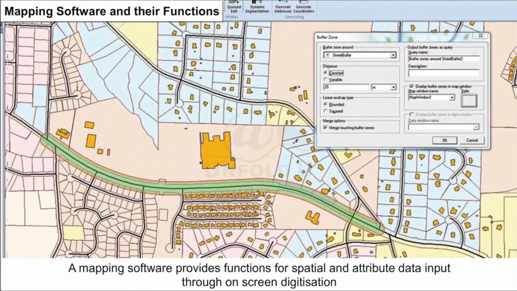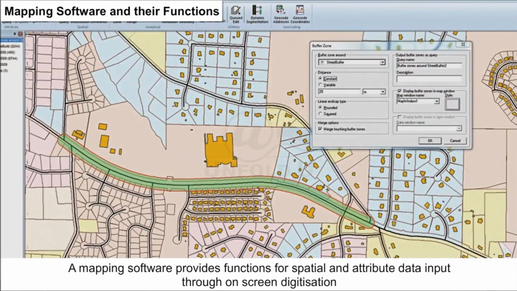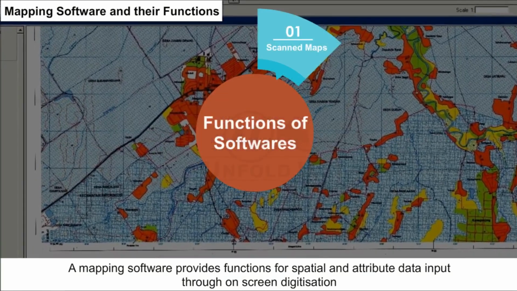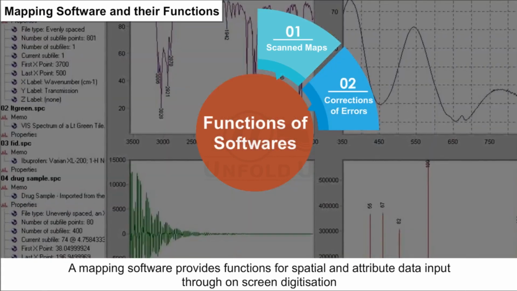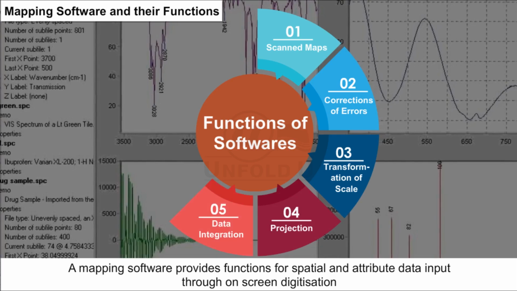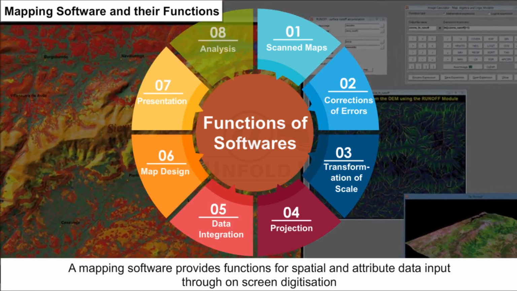A mapping software provides functions for spatial and attribute data input through on-screen digitization of scanned maps, corrections of errors, transformation of scale and projection, data integration, map design, presentation and analysis.